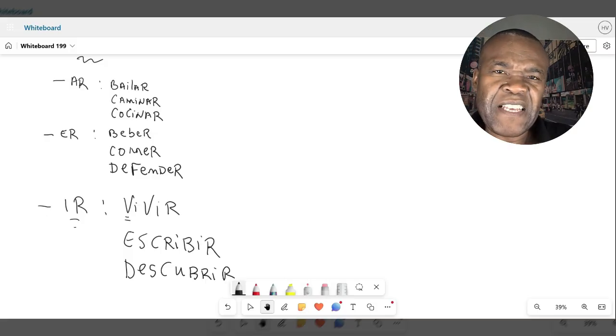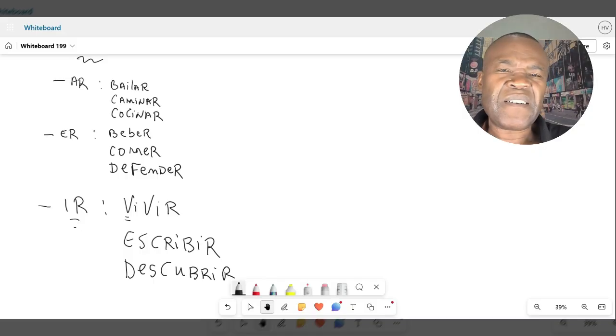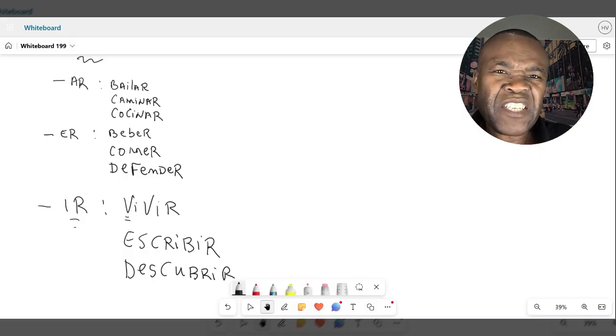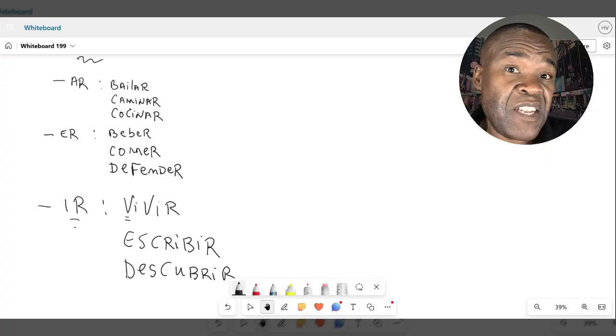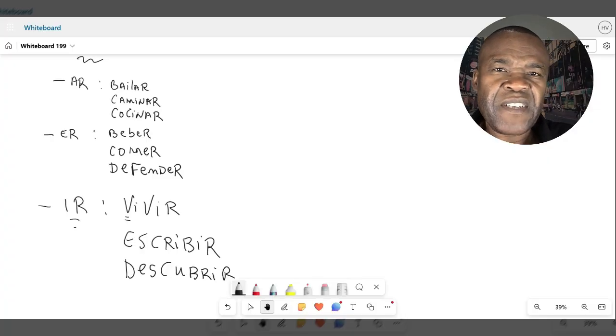And all of that is encoded in the verb. In English, we achieve that through other means by using other words next to the verb, like maybe, could be, might be. But in Spanish, all of these things are encoded in the verb. That's why if you don't master the verbs in Spanish, it's very, very difficult to achieve fluency.